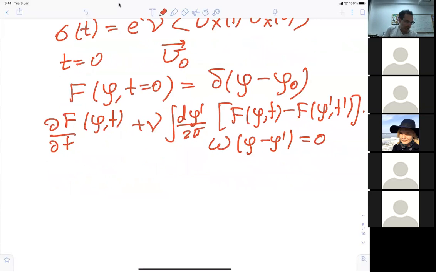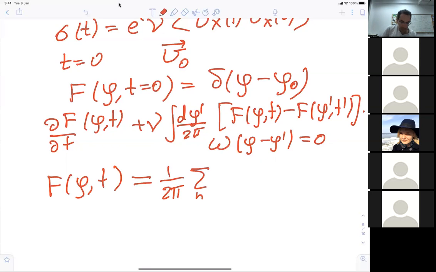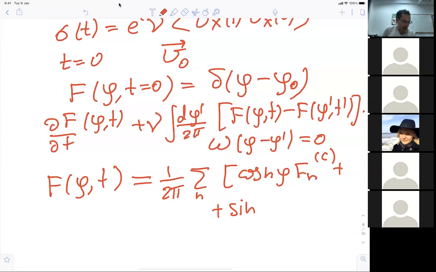Then my correlation function, the function f as a function of phi and t, can be represented in terms of various harmonics as a sum of cosine n phi times f n. In principle there are also odd harmonics; this will be symmetric and anti-symmetric harmonics.